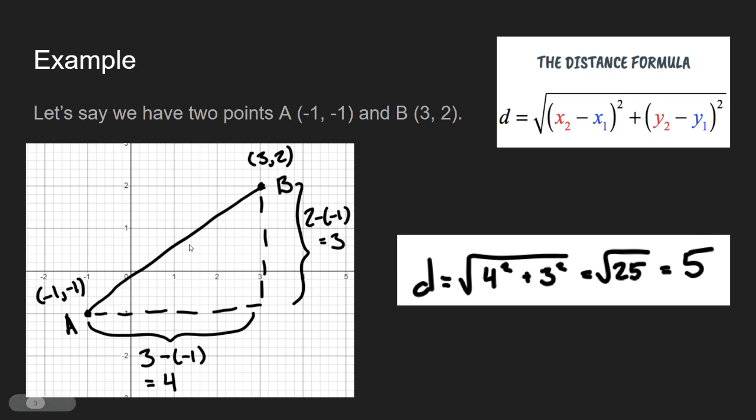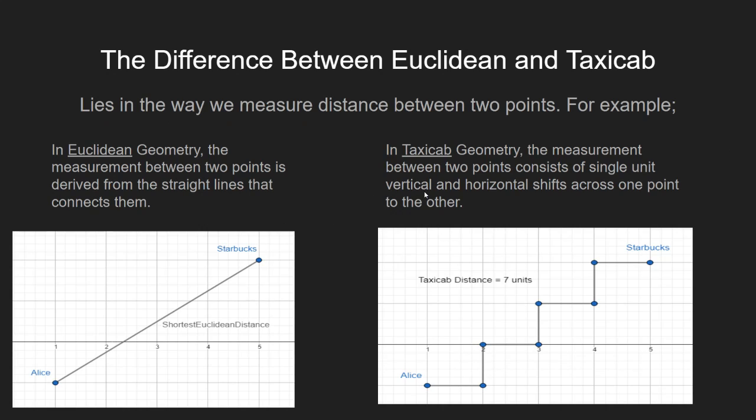We can't really count it here because it's going to be a little bit sloppy. Now going to taxicab geometry. The main difference between Euclidean and taxicab geometry is that in Euclidean, as mentioned before, when we have two endpoints, the shortest distance is the straight line that connects them.